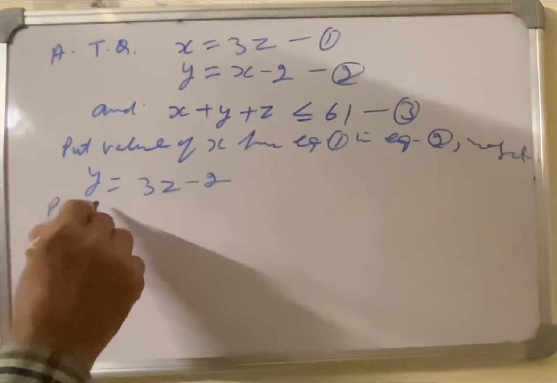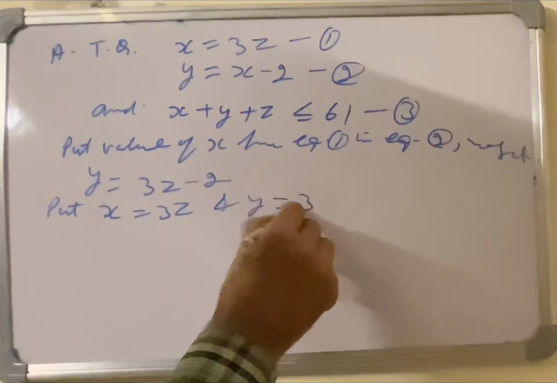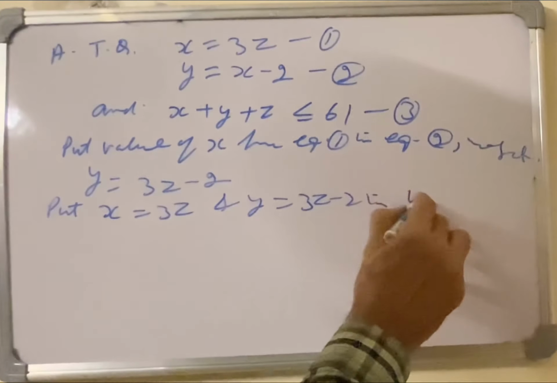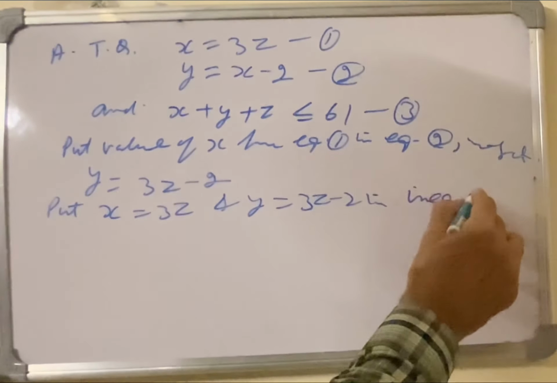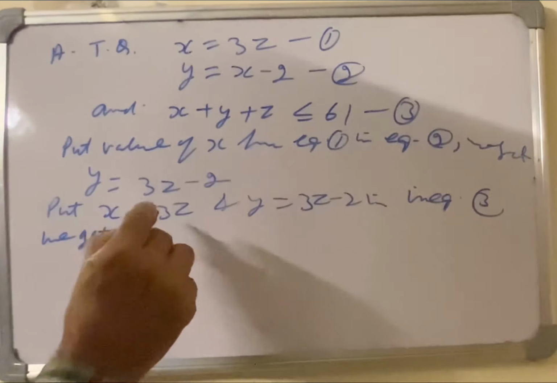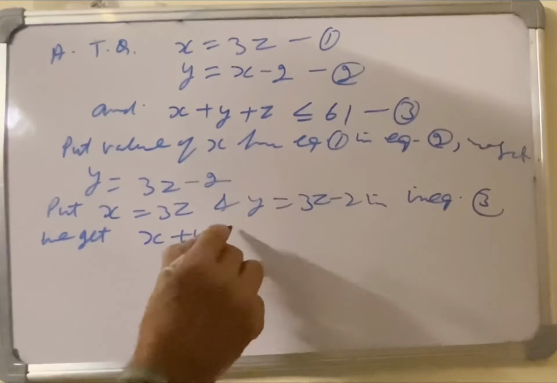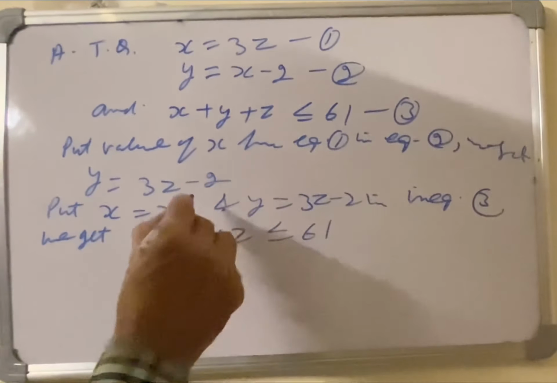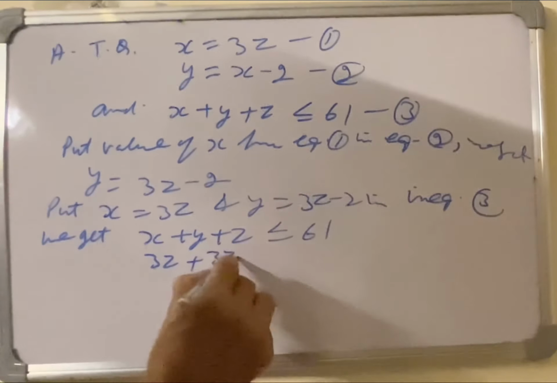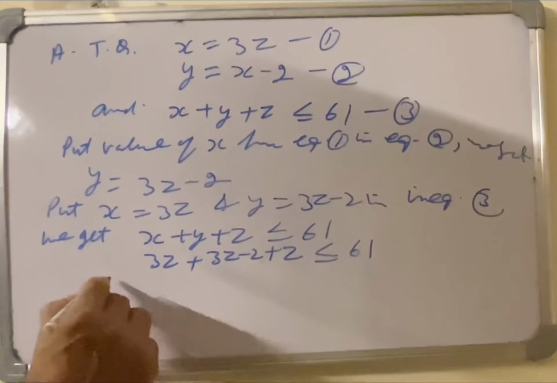Put x is equal to 3z and y is equal to 3z minus 2 in equation 3. We get, in place of x plus y plus z less than or equal to 61: x is 3z, y is 3z minus 2, plus z is less than or equal to 61.